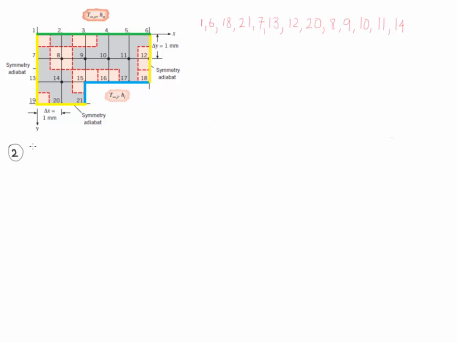And the equation looks like T1 plus T3 plus 2 times T8 minus 2 times HO delta X over K plus 2 times T2 is equal to minus 2HO delta X over K T infinity O.